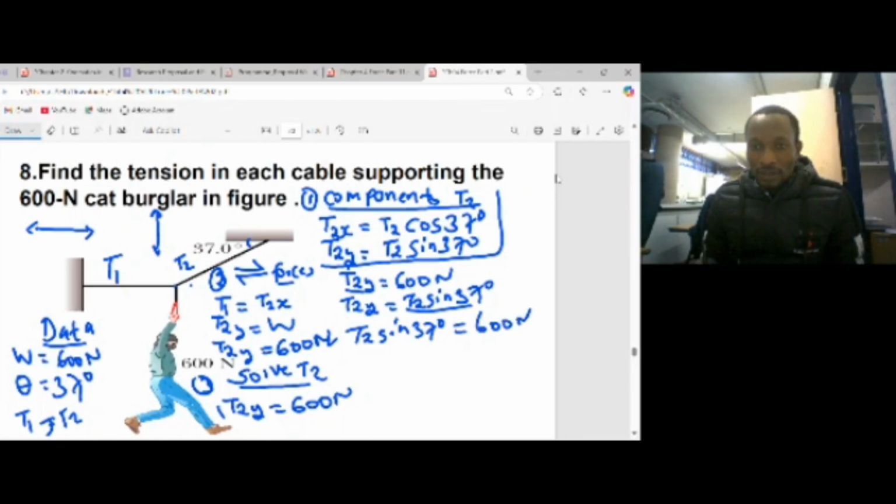To get the value of T2, you have to divide both sides by sin 37 degrees. If you divide 600 Newton by sin 37, that gives us a value of 997 Newton. That's how you solve for the value, or the magnitude, of T2.